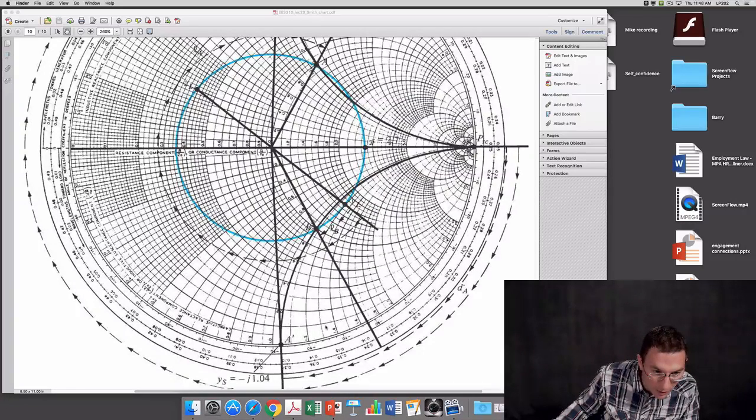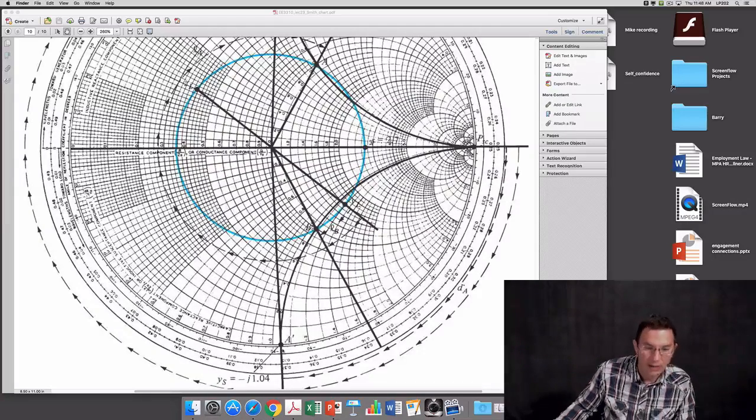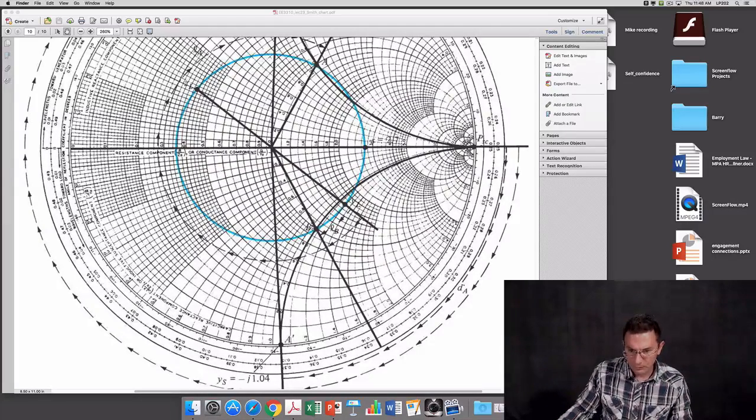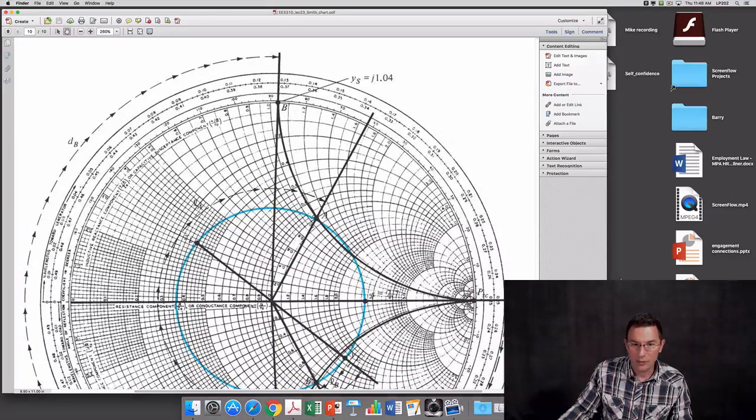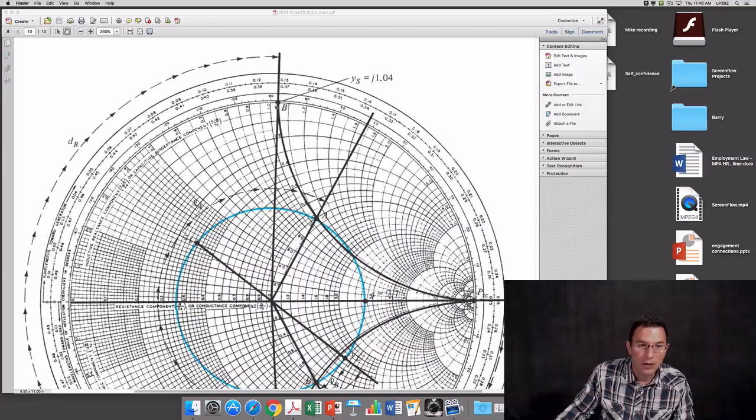And it's a little hard to read. It looks like it's just shy of minus 90 degrees there. Similarly, how long does your stub need to be if we're going to make the match up here at A? You look at B prime, that angle, again just shy of 90 degrees, it looks like to me. Okay.